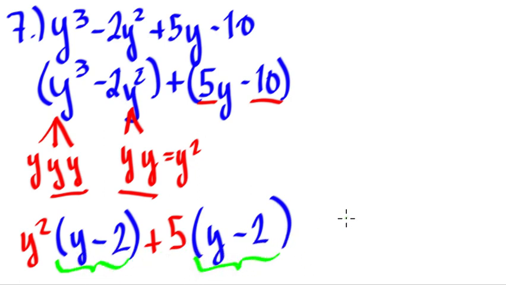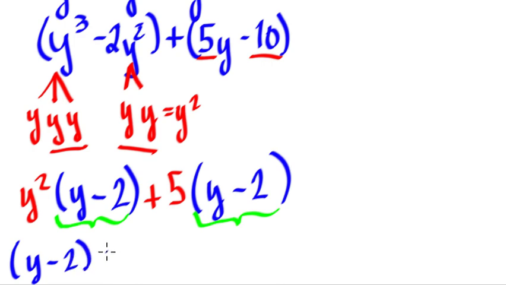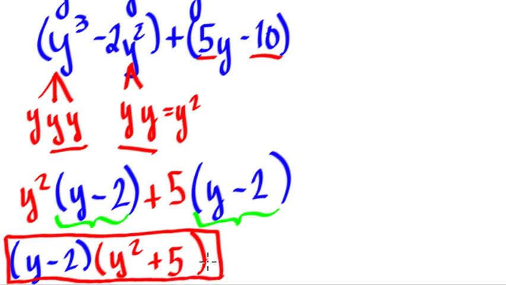So we're going to take that y minus 2 out and put it up front. So we write y minus 2 times the quantity y squared plus 5. Again, y minus 2 times the quantity y squared plus 5. There you go. So this is our answer for number 7, the last number in this video.